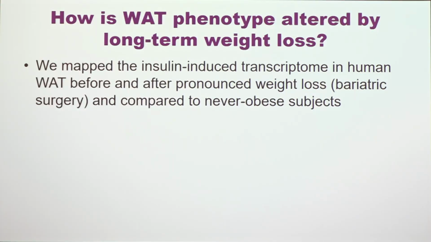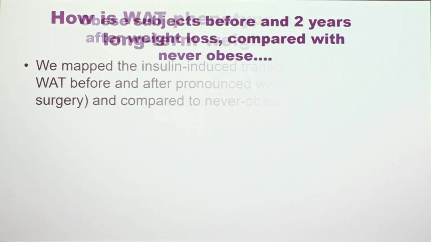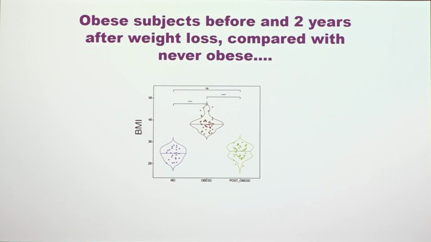So my final slides here are just about how the adipose tissue phenotype is altered by long-term weight loss. And this is unpublished data. We mapped the insulin-induced transcriptome in human adipose tissue before and after pronounced weight loss and compared to never obese subjects, because we wanted to understand how the adipose tissue is changing. Basically we had three groups.